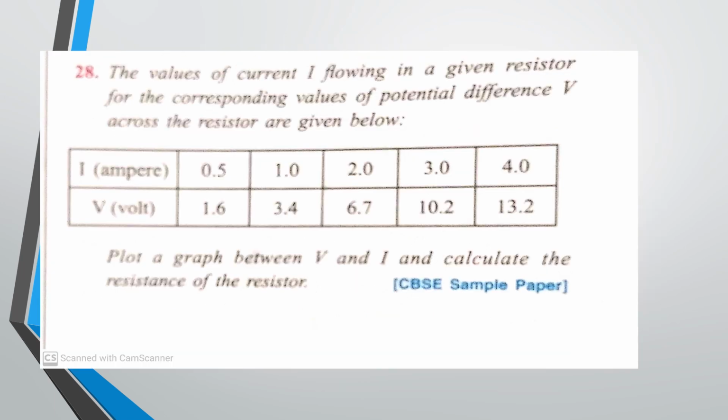Now one more example. The values of current I flowing in a given resistor for the corresponding values of potential difference V across the resistor are given below. So I am going to observe I and V through the circuit connection. So these values I have got. Now I am going to plot the graph for these given values.